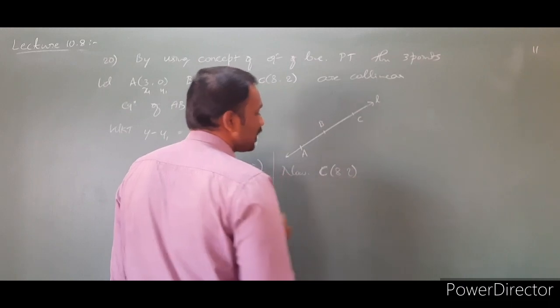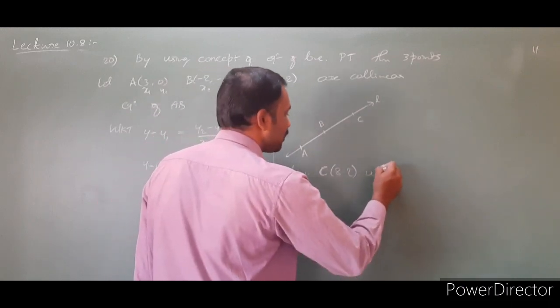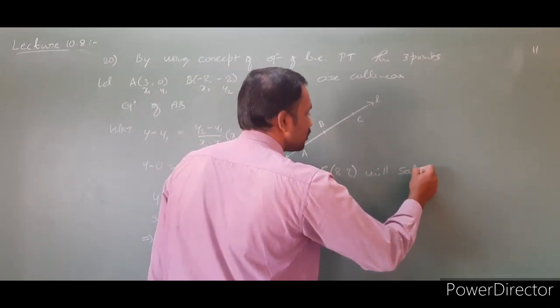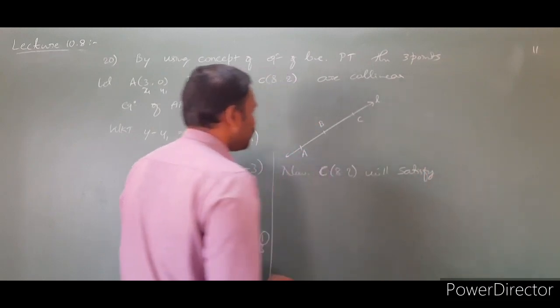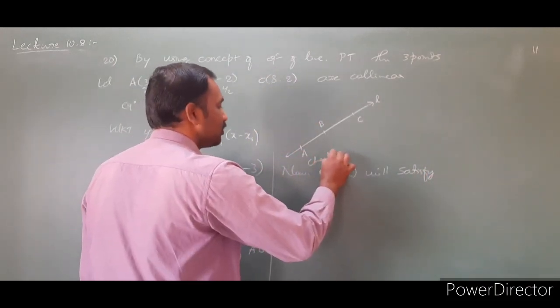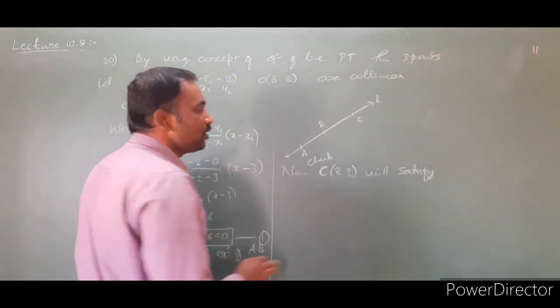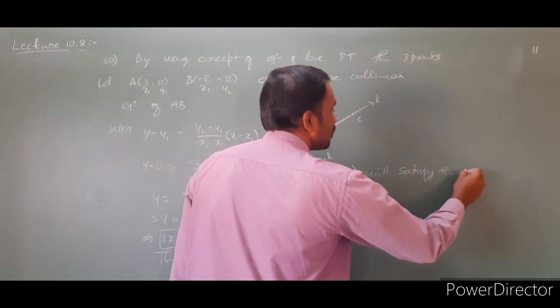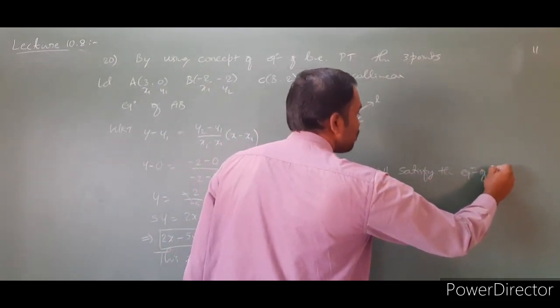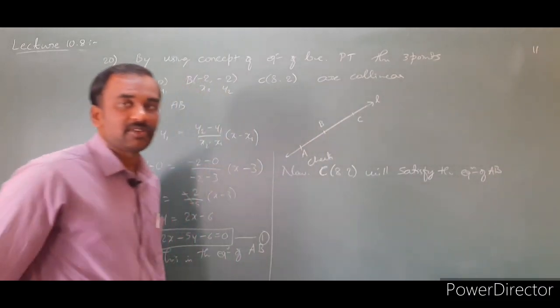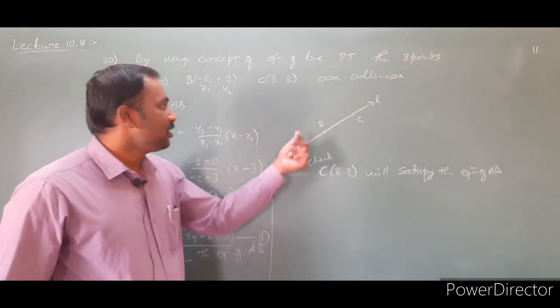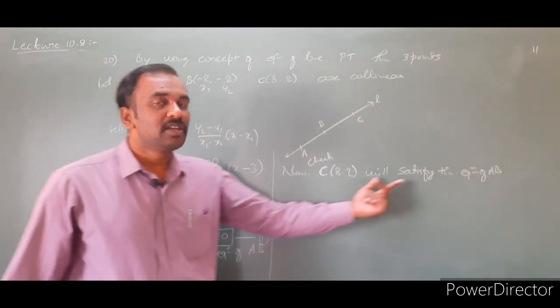Now check whether C, which is 8 comma 2, will satisfy the equation of AB or not. Check that C point satisfies this equation or not.